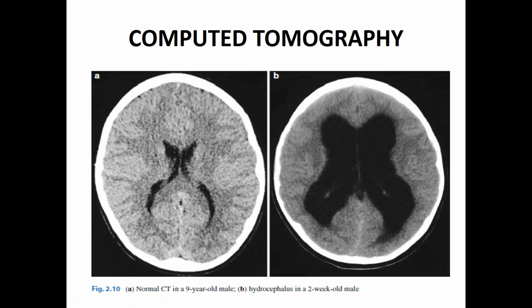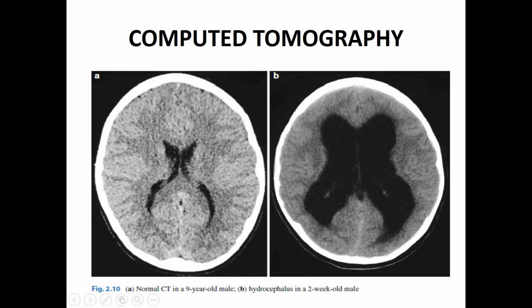The modality of choice, as I have already told, is either CT scan or MRI. Here you can see the normal CT scan showing the lateral ventricle. These are the frontal horns of the lateral ventricle, these are the occipital horns, and this is the fourth ventricle. But you cannot appreciate the temporal horns of the lateral ventricles in a normal CT brain.